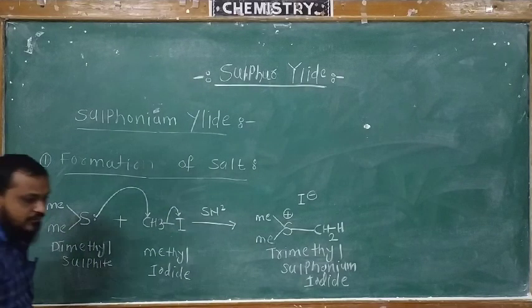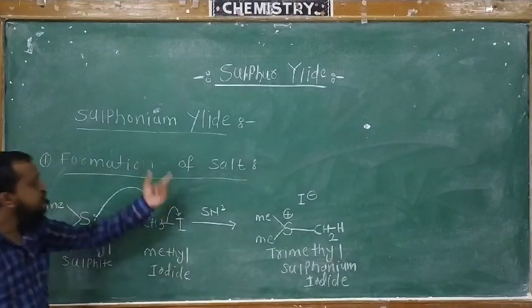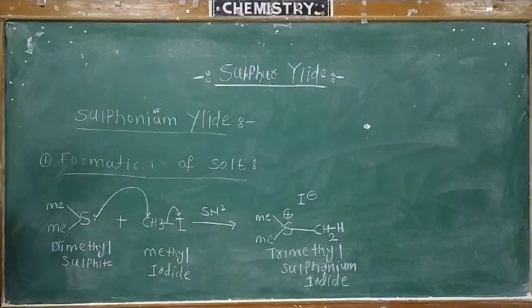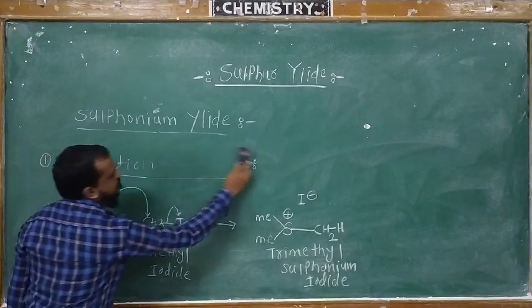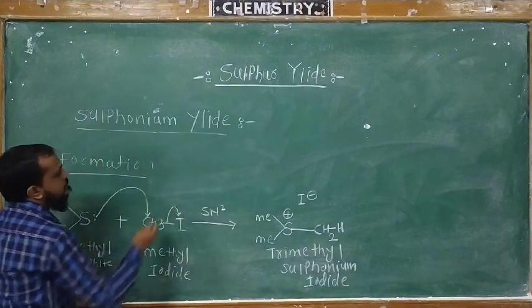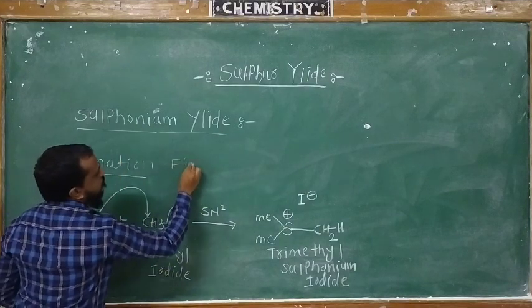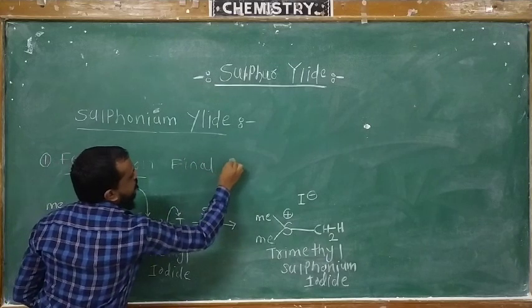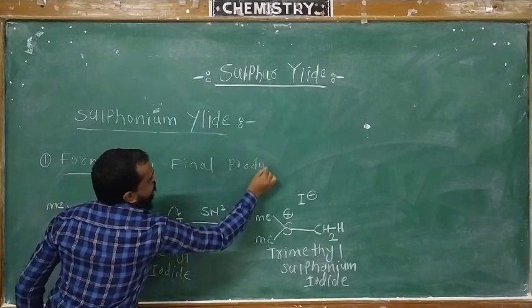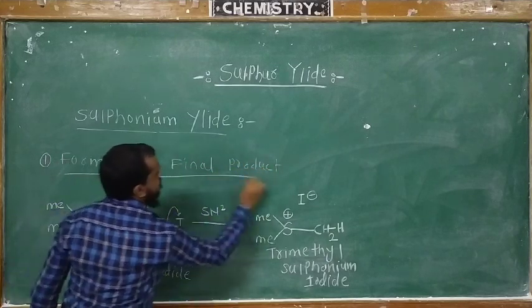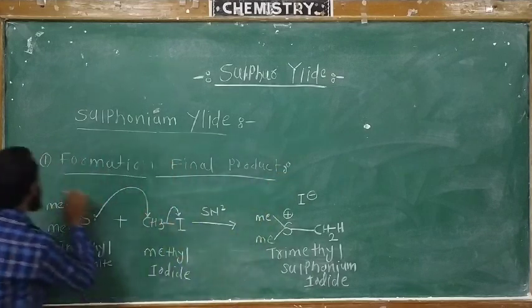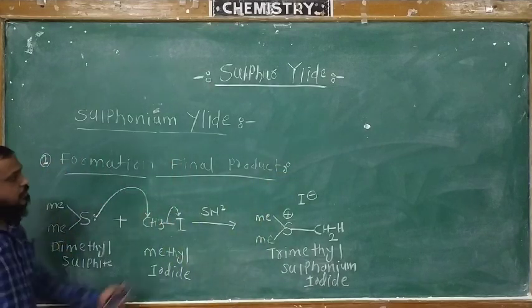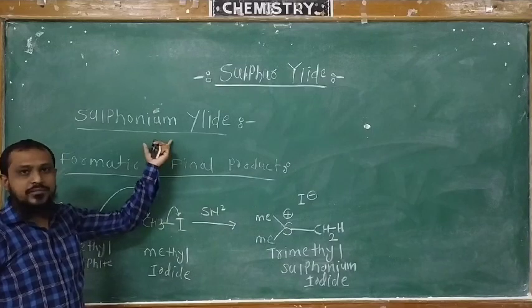Now the second step of the preparation of sulfonium ylide is formation of the final product. And the final product is sulfonium ylide.